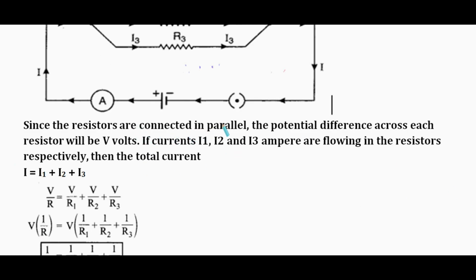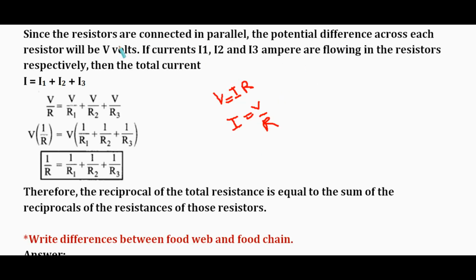Since resistors are connected in parallel, the potential difference across each resistor will be V volts. If currents I1, I2, I3 ampere are flowing in the resistors respectively, then the total current, you write 1, 2, 3 in the subscript, can be written as I equal to I1 plus I2 plus I3.